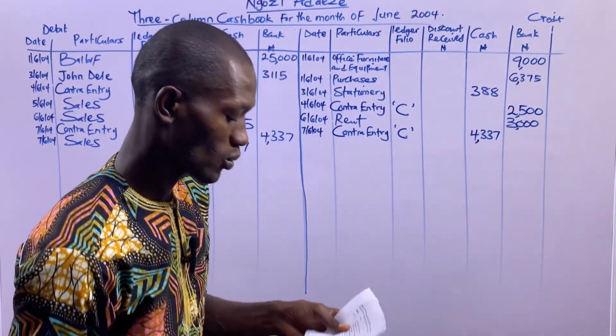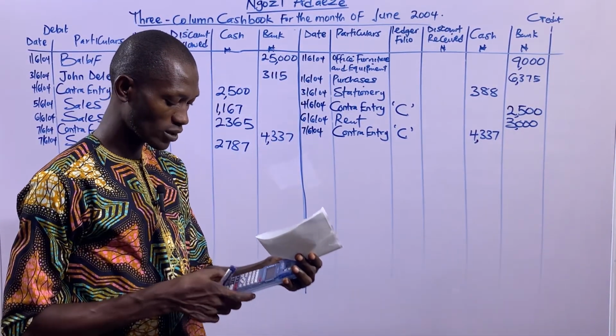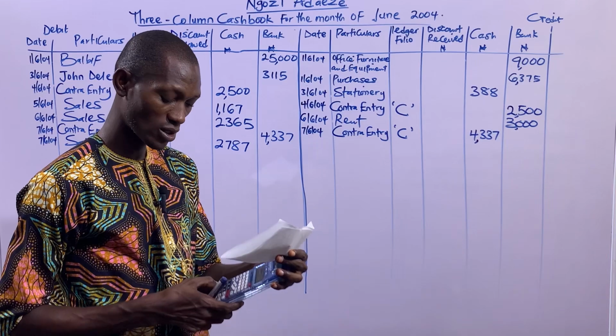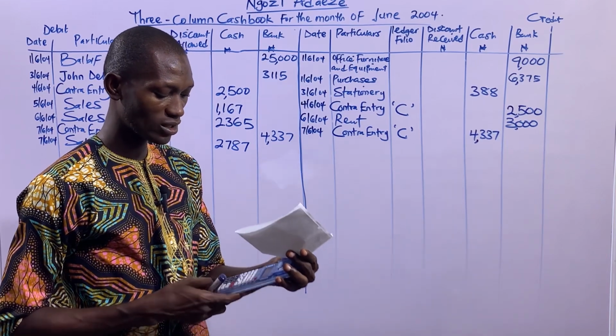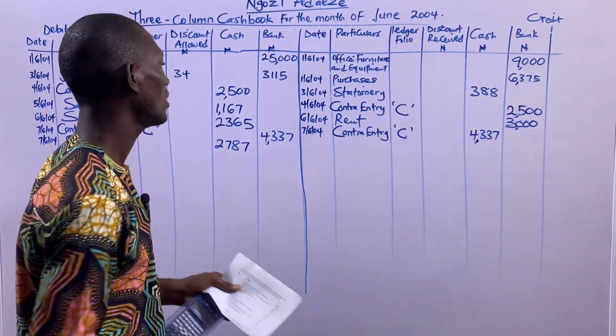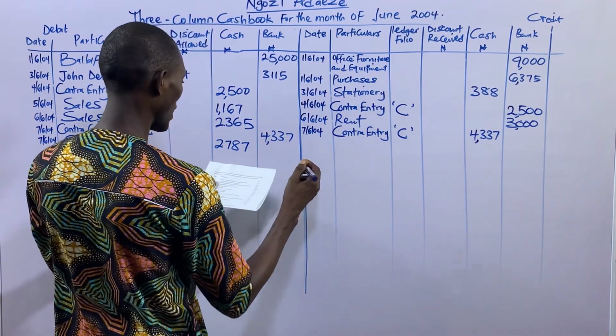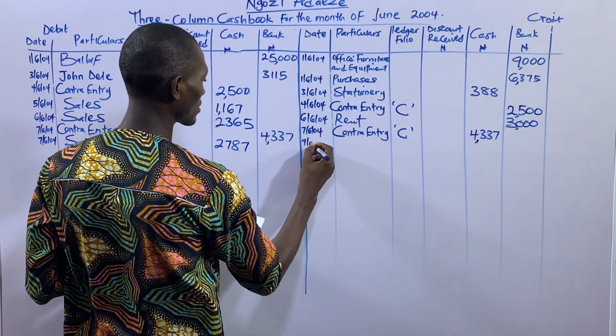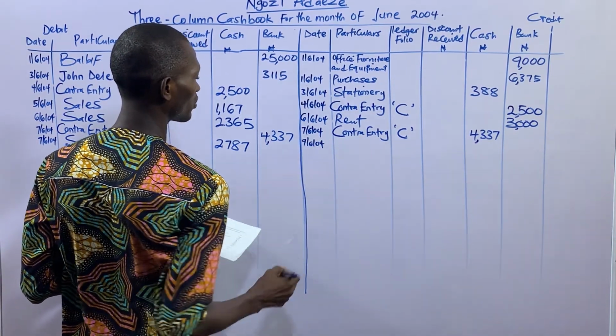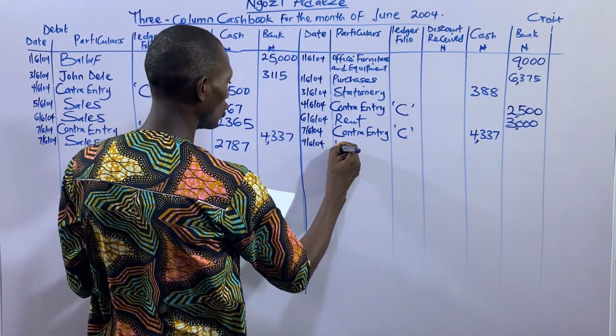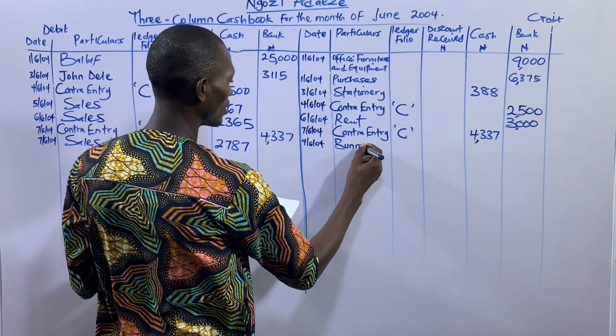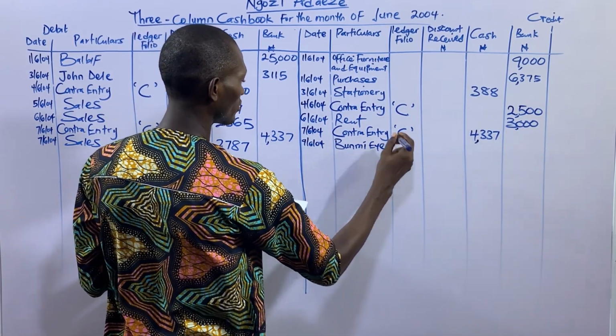So let's calculate the discount now. We have 1,625 minus 1,575. So the discount she was allowed is 50 naira. So we come here, that's June 9, 9/6/04. Then we have who was paid now, that's Bumi Eyankori.